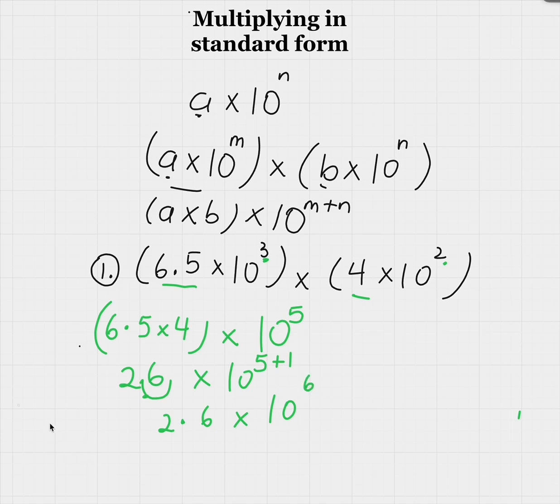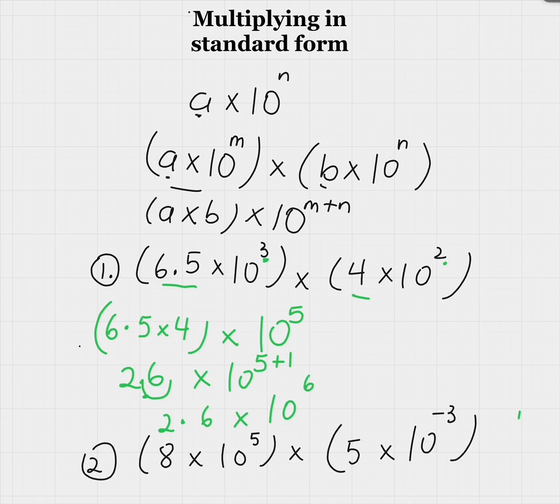Let's look at the last example. We follow the same rule by multiplying 8 and 5. So 8 and 5 gives you 40 times 10, and then we have to add these two powers, 5 and minus 3. So 5 plus minus 3.